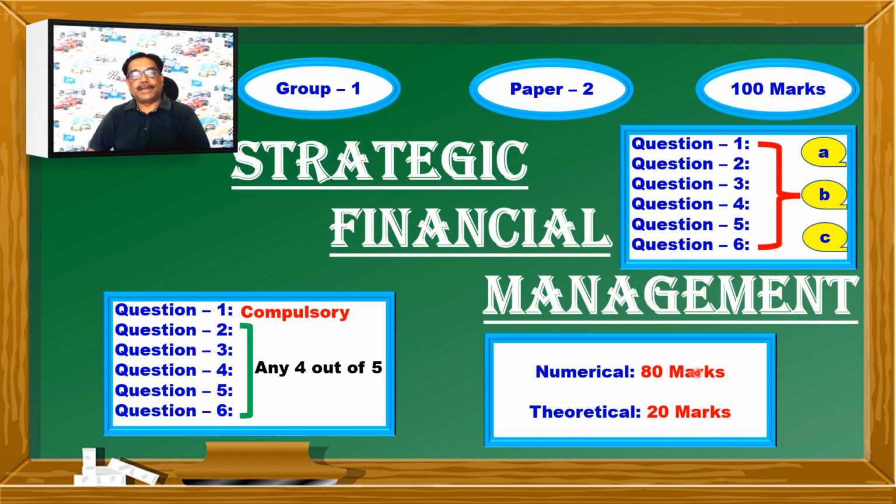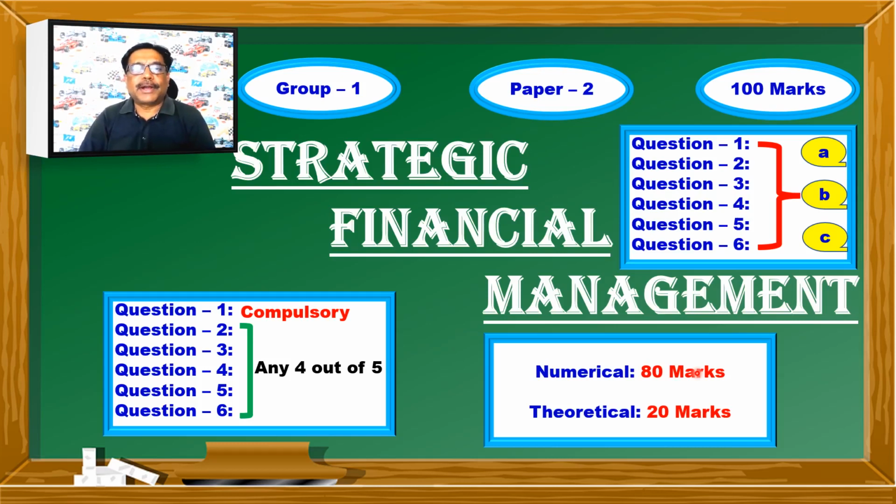What are the 5 pillars? Pillar number 1, it is your income. Pillar number 2, it is your expense. Pillar number 3, it is your asset. Pillar number 4, it is your liability, and pillar number 5, that is equity. So 5 pillars are there: income, expense, asset, liability, and equity.